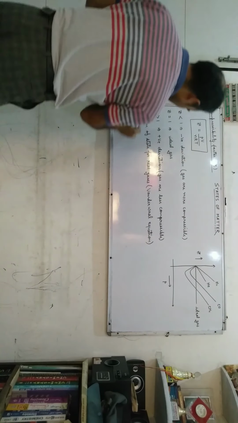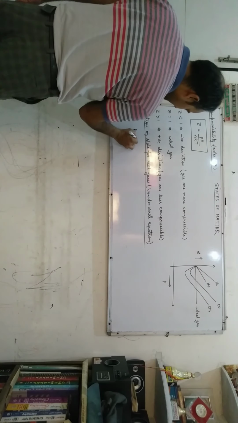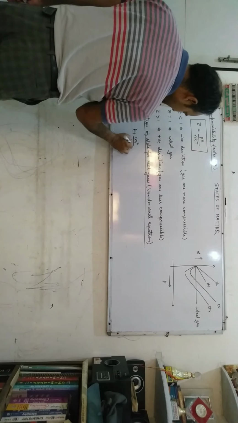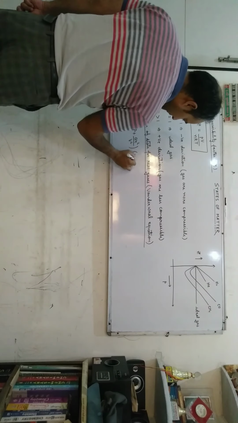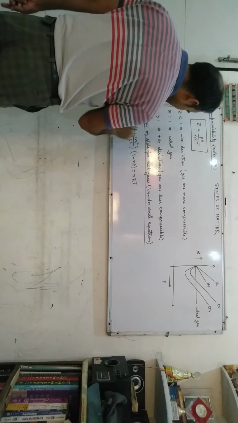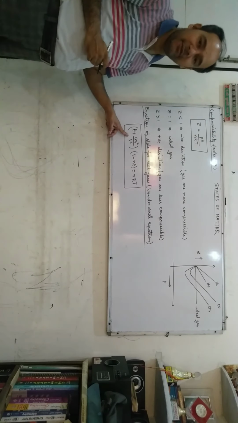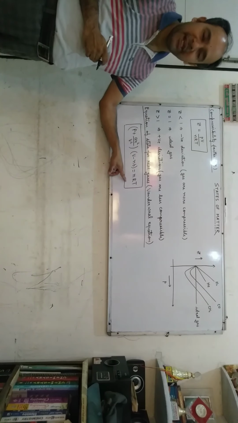According to the Van der Waals equation, (P + a n squared over V squared)(V - nb) = nRT. The Van der Waals equation is (P + a n squared over V squared)(V - nb) = nRT.